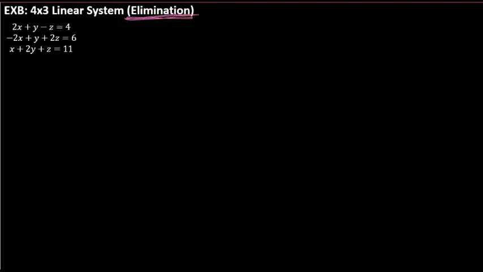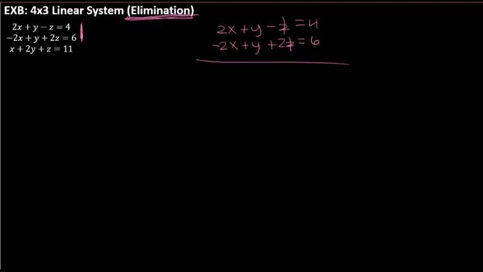Okay, so looking at these first two equations in this system, we can already see where we're going to have an elimination there of the x variable. So what we can do is go ahead and just add them like we would doing our regular elimination, right? So -2x plus y plus 2z equals 6, right? We can go ahead and add them.